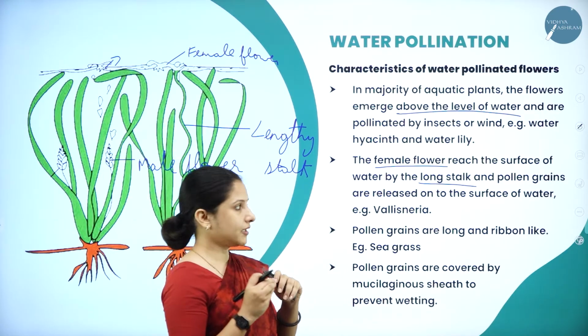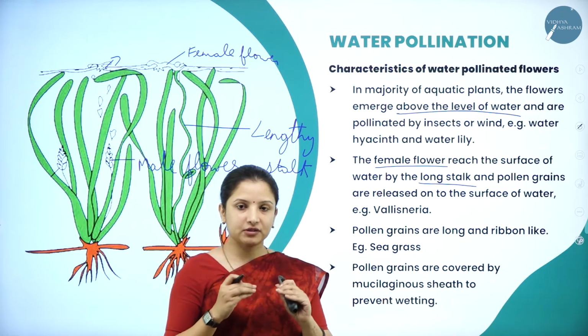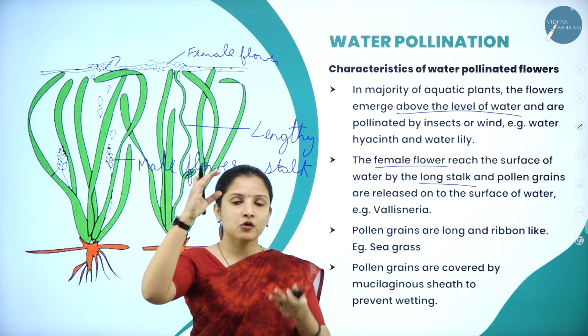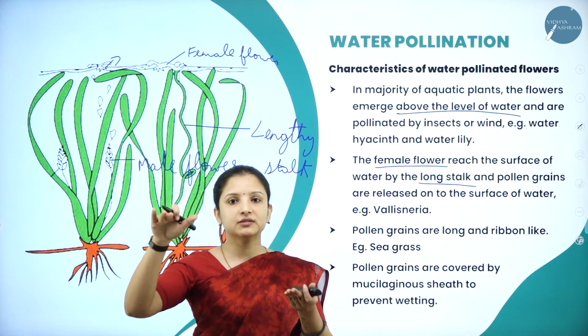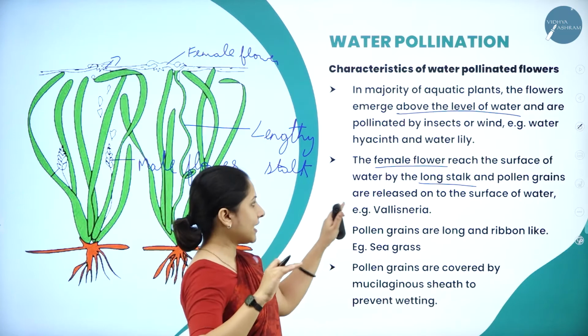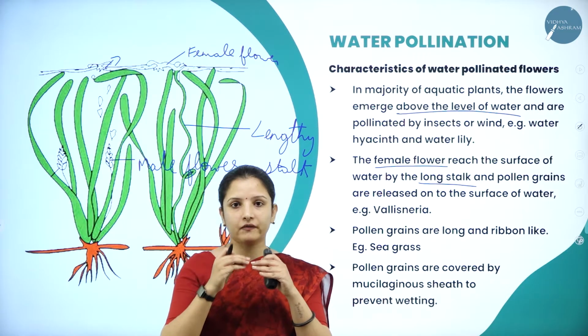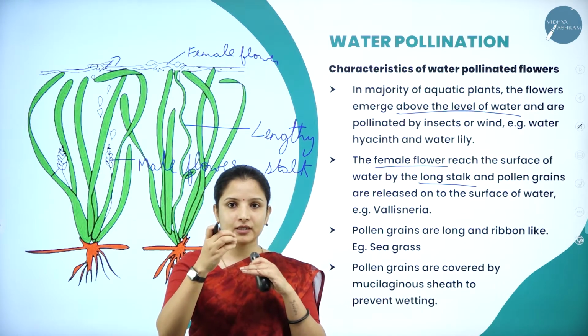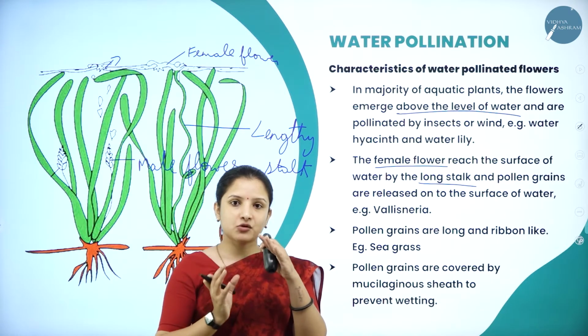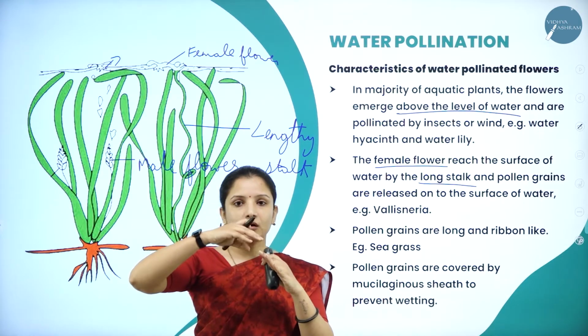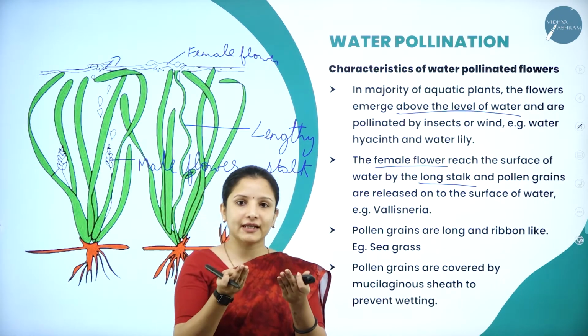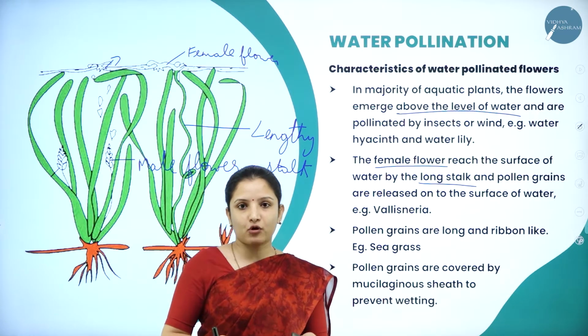In Vallisneria, the female flowers have a long stalk which holds the flower above the surface of the water, so that when the anther present in the male flower releases the pollen grain with great force, it will just move. And as I told you, the pollen grains are light, so they will not sink to the bottom of the water.